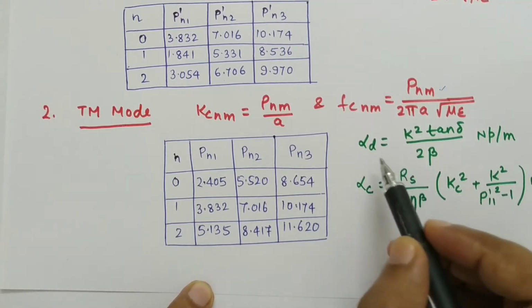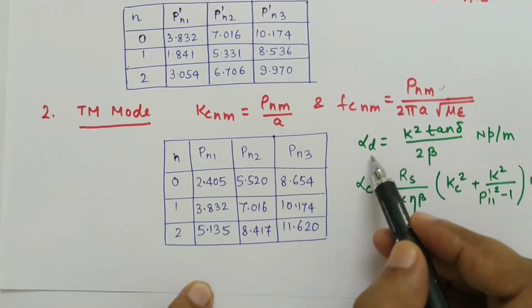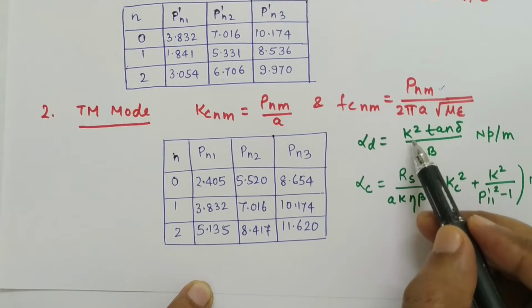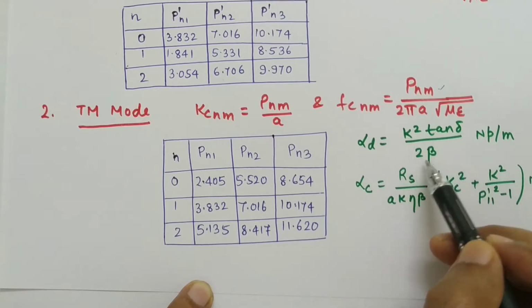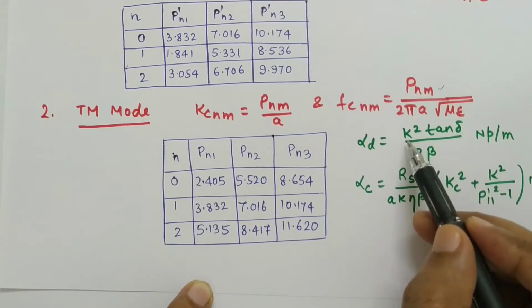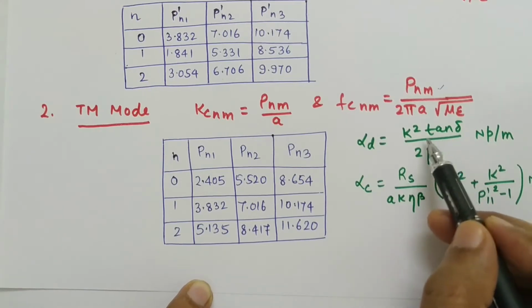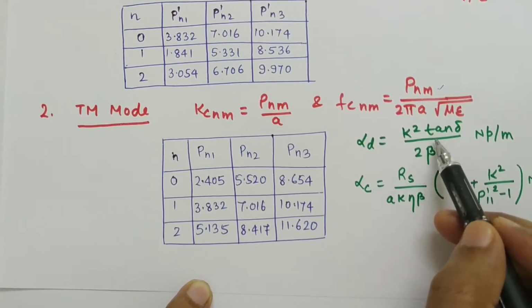Apart from that, the attenuation due to dielectric material in the waveguide is given by k squared tan delta by 2 beta, where k is the wave number, beta is the phase constant, and tan delta is the loss tangent.